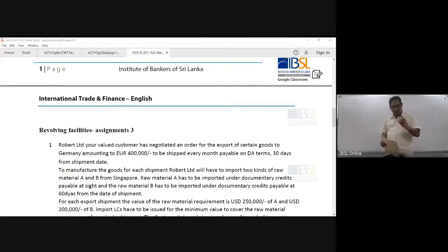In these revolving facilities also, you have the same two legs of the forex, the import leg and an export leg. In other words, to satisfy the export, one has to import some raw materials for a lesser amount and exclusively use those raw materials to satisfy the export.